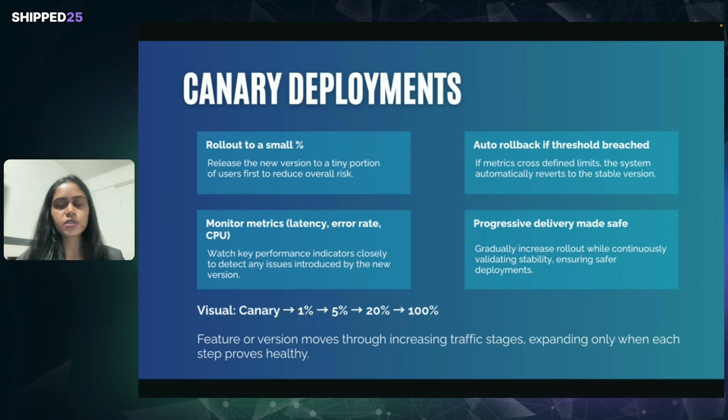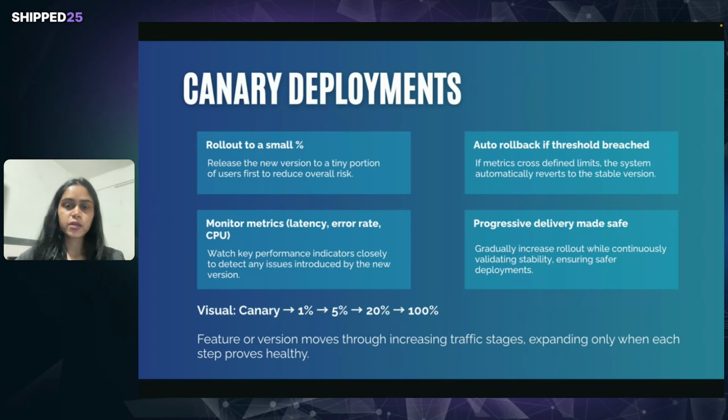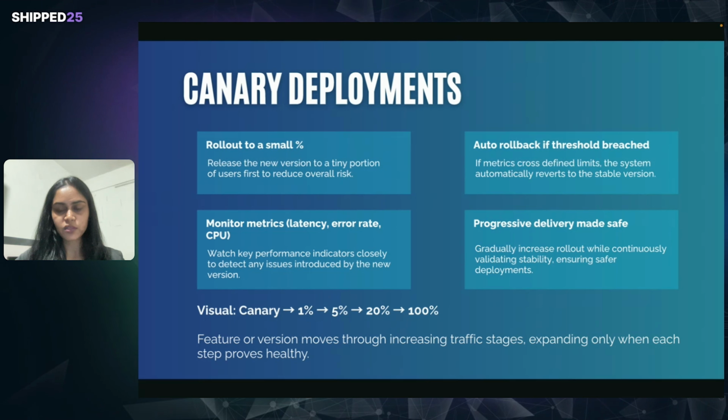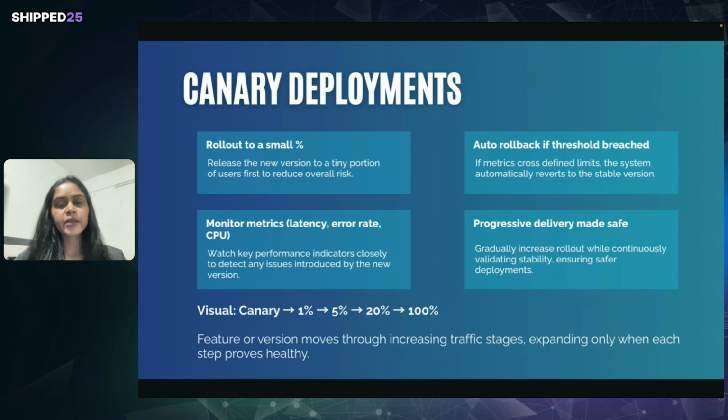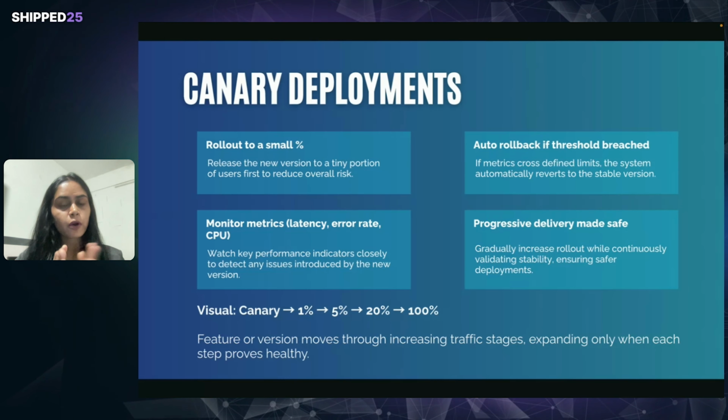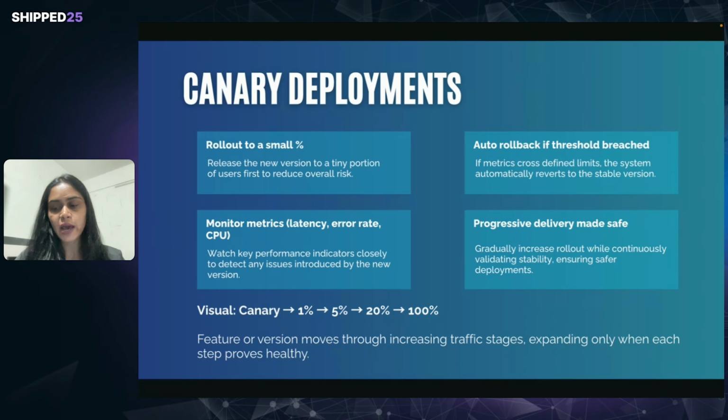This approach is very useful for infrastructure changes, and if you have to do risky backend updates, canary deployments play a very important role. Canaries give you real production insights, even with very minimal risk. You don't have to guess, you just have to observe.